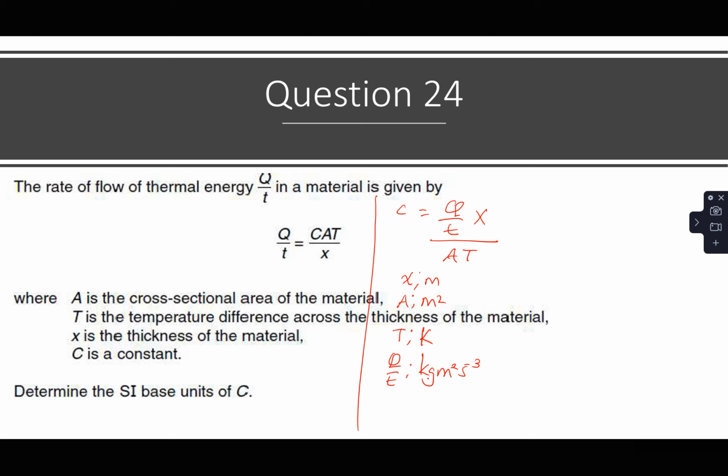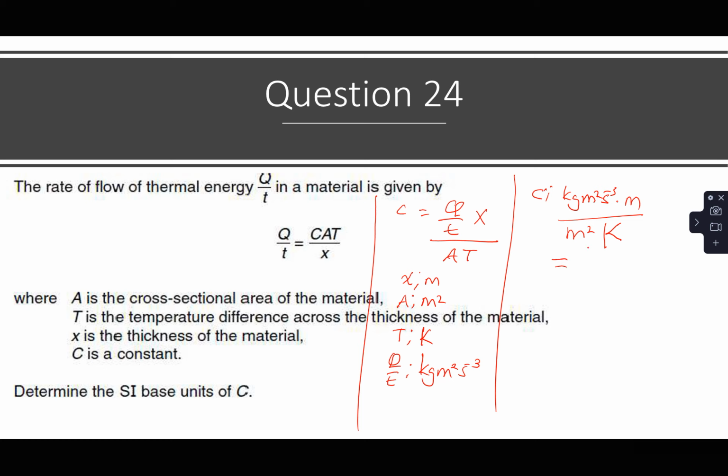Now, when we simplify, we substitute in that equation. So the base units of C will be kilogram meters squared per second cubed times meters divided by meters squared times Kelvin.